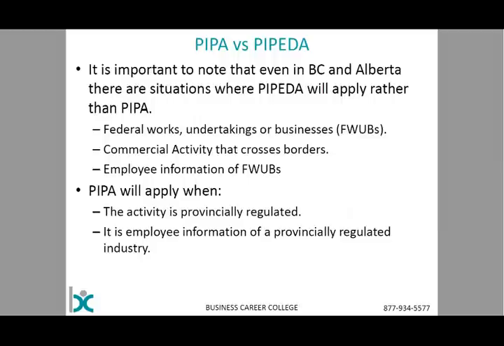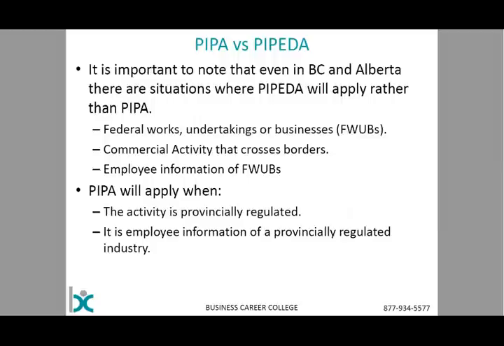So there's really two types of organizations that aren't subject to PIPA and are always going to be subject to PIPEDA. The first one is called Federal Works, Undertakings, or Businesses. Now, in the Act and the legislation, you'll often see the abbreviation of FWUBs for these.